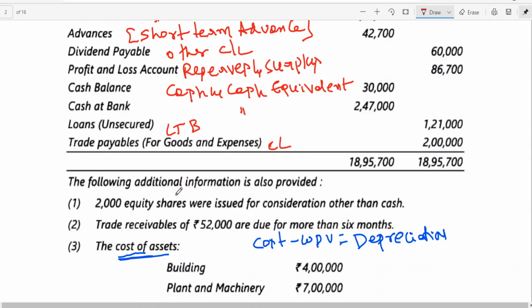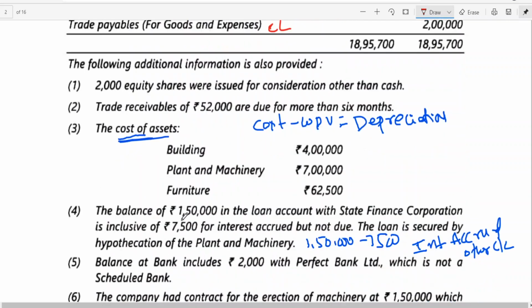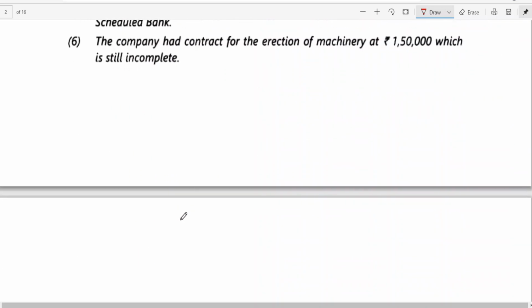Then next, this is a disclosure as I told you. Now we start with the problem, starting with notes to accounts. There are two things, my dear friends. Since this is the explanation part, I am writing notes to accounts. While doing the examination, generally they will first give you the balance sheet.